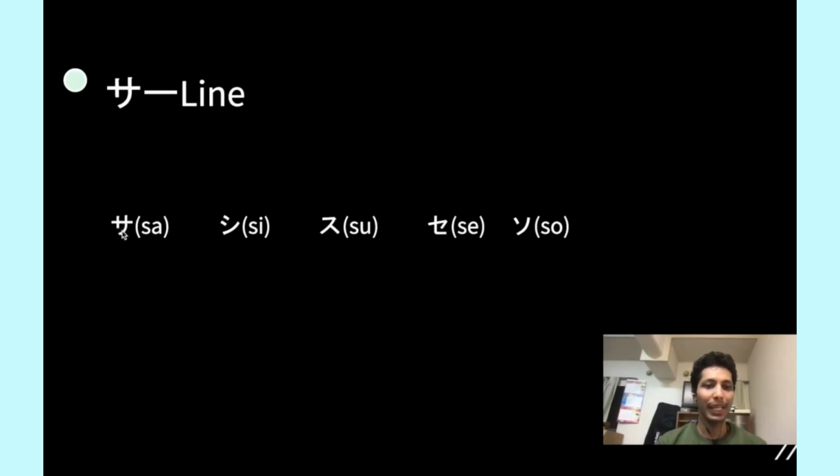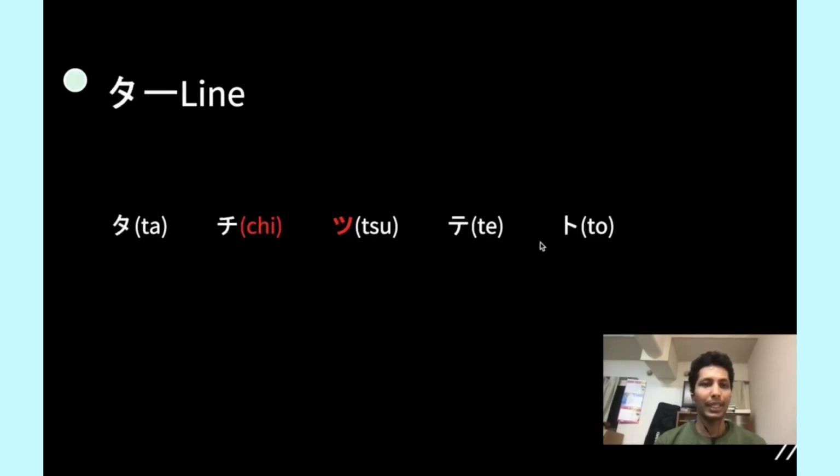Next, the sa line. The sa line is very different from what we had in the other writing system, but again the pronunciation is similar and exact. So sa, si, su, se, so. Next is the ta line, and again the rule exceptions are here.